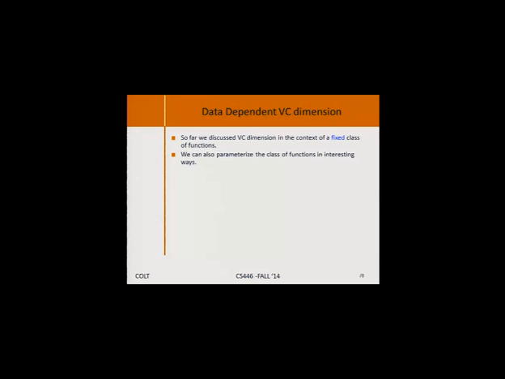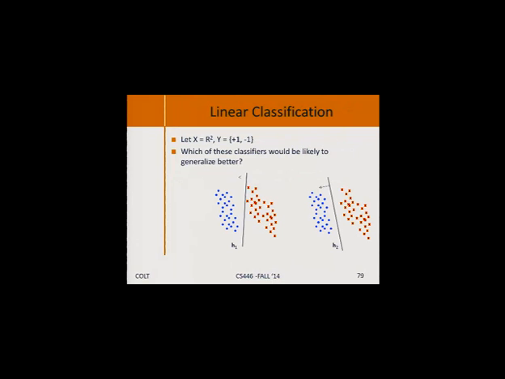So I want to give an intuition, and the intuition is going to be, again, in the context of linear separators. And this is the problem that we looked at. So we looked at a collection of blue points, positive examples, red points, negative examples, and two options for linear separators.